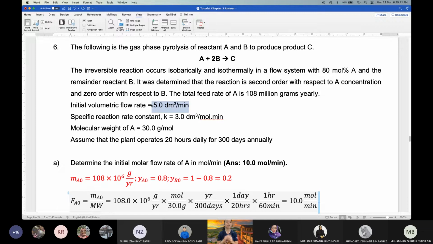Okay, so how do I do this? I know I want to find mole per minute, so I need information in mole per minute.